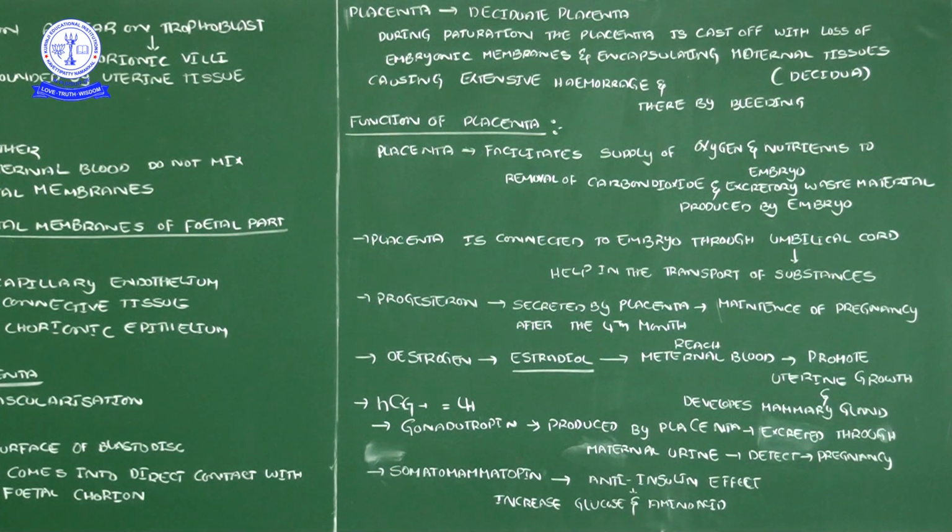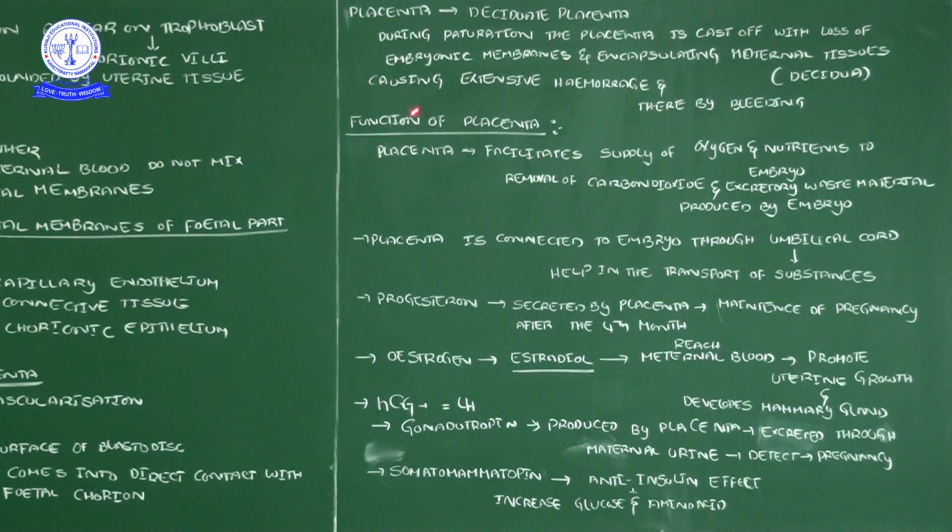That thread-like structure we call the umbilical cord. So that umbilical cord is an important structure to supply the nutrients and exchange the waste material and necessary things between the placenta and the fetus. So that is what I mention here. It is helping in the transportation of substances.